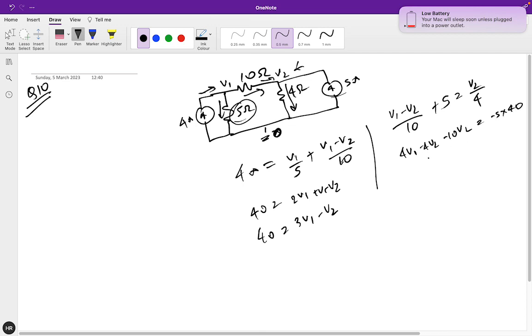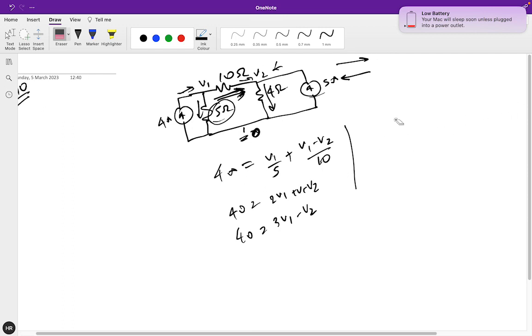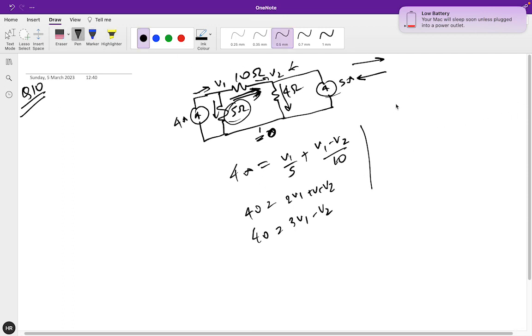Sir, I think it should be (v2 minus v1) by 10. Actually, I have assumed the current in this direction, the incoming current. If you think like that, the equation will be like this: minus 5 plus v2 by 4.